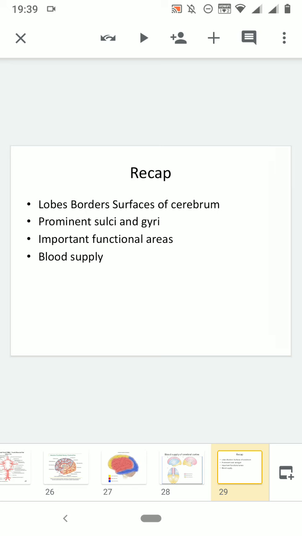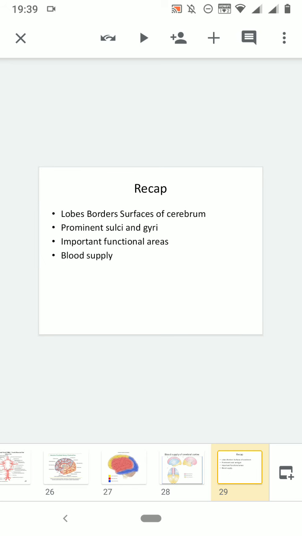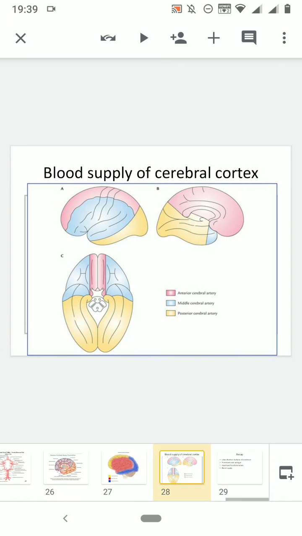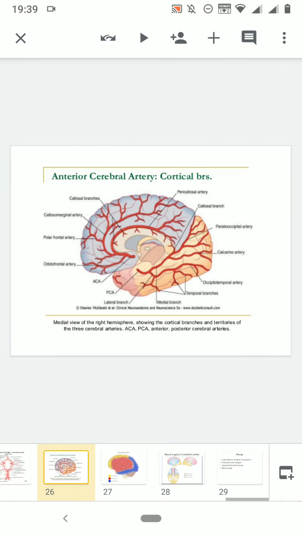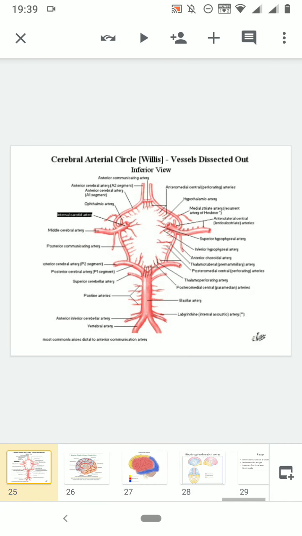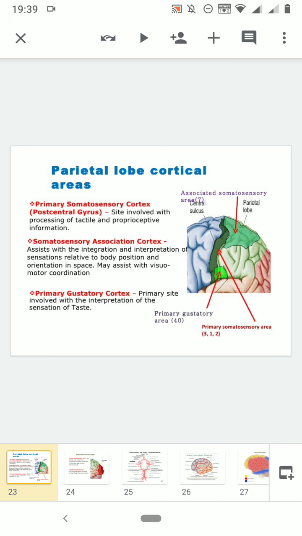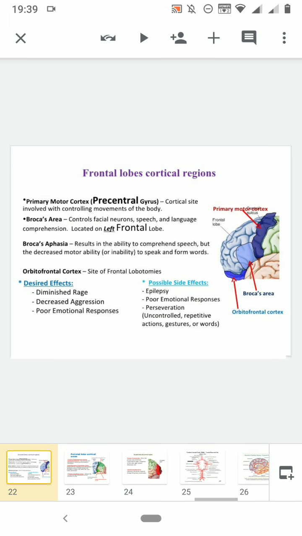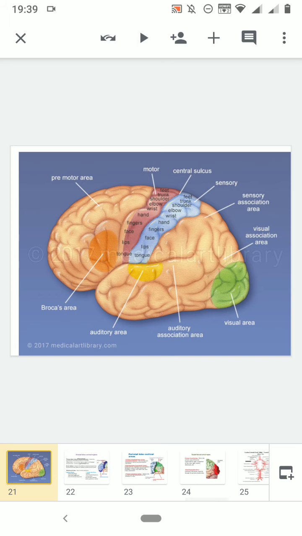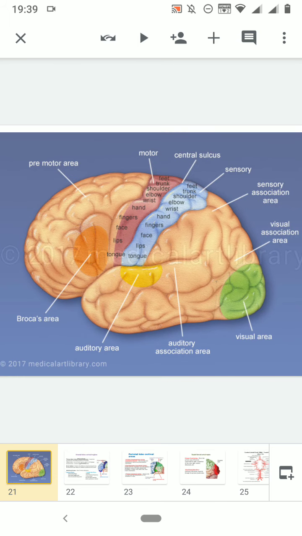Okay, so now thank you for listening to this, and next we'll be coming up with the white matter of the cerebrum. So this actually gives you an introduction to cerebrum and the cerebral cortex and its blood supply, and definitely the lobes, the poles, and the major sulci, major gyri, and also the very important other functional areas which you have to know even from the physiology point of view.